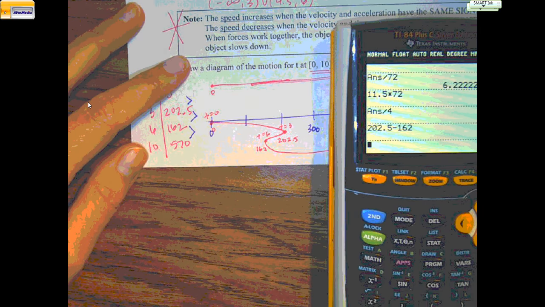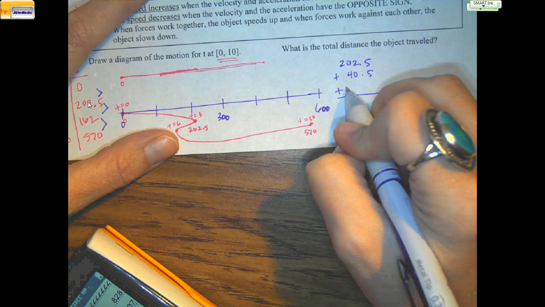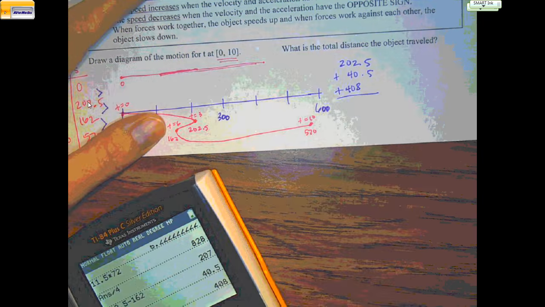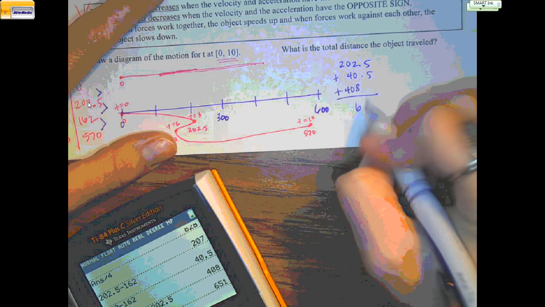Subtract. 570 minus 162. I've gone another 408 meters. Add them all up. You get 651, and they said that those are meters.